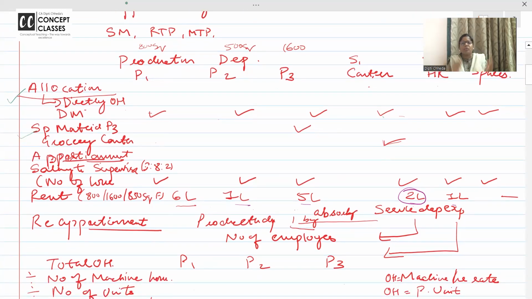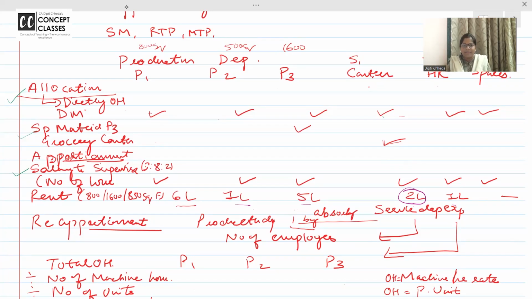Next is apportionment. Can we have some common expense and apportion it on some basis, like we do in departmental accounts? For example, if I am paying salary to a supervisor, can I allocate based on how many hours he is working?